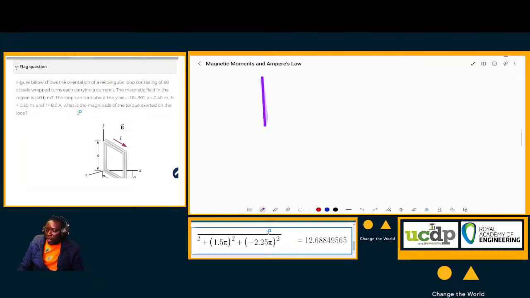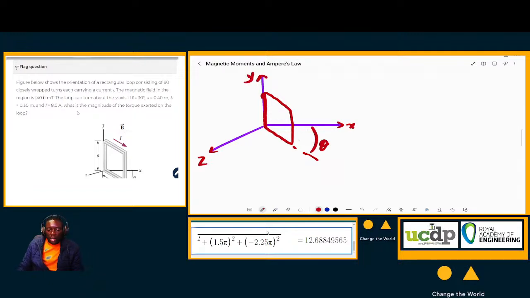We have our axis like that. Then a loop of wire at an angle theta to the X, Z, Y axes. And there are 80 turns.